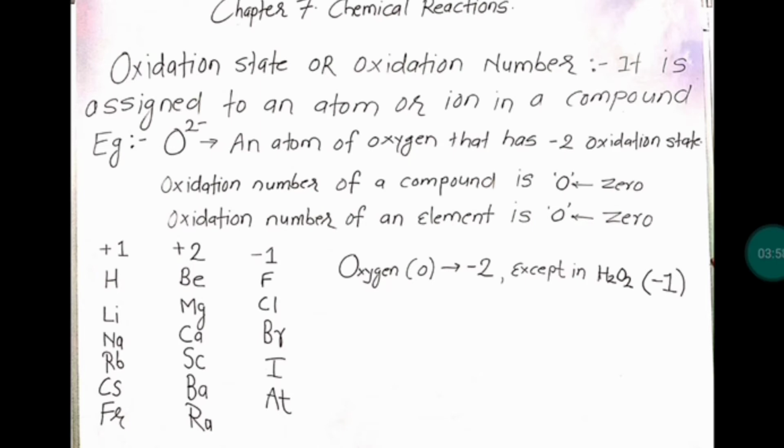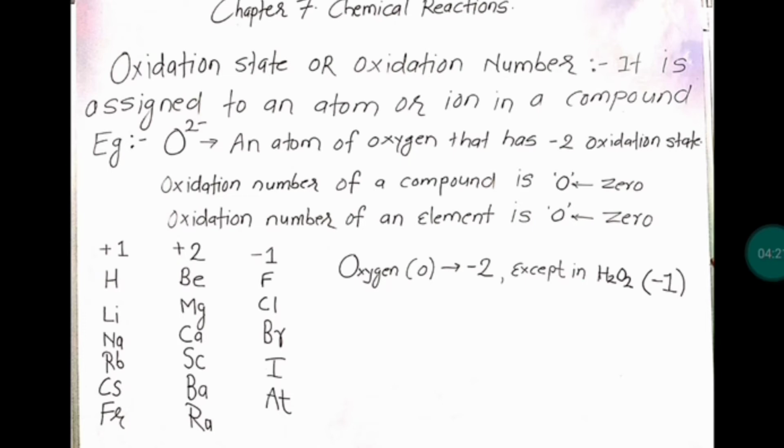For example, group 1 elements in their atomic or ionic form have a +1 oxidation state. Similarly, group 2 elements like beryllium, magnesium, calcium, strontium, barium and radium have a +2 oxidation state.